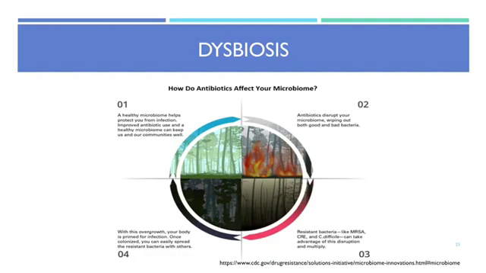Everything's happy. But let's say you give a patient an antibiotic. It's going to wipe out everything that's there. It's almost like lighting a fire in that forest, and you're just going to take out everything in that general area. So good, bad, whatever it may be. And then what happens is you have to get to that recovery phase where your microbiome's starting to grow back. But a lot of times, only things that can survive in really harsh environments grow there. So in our microbiome, this may be things that are resistant.